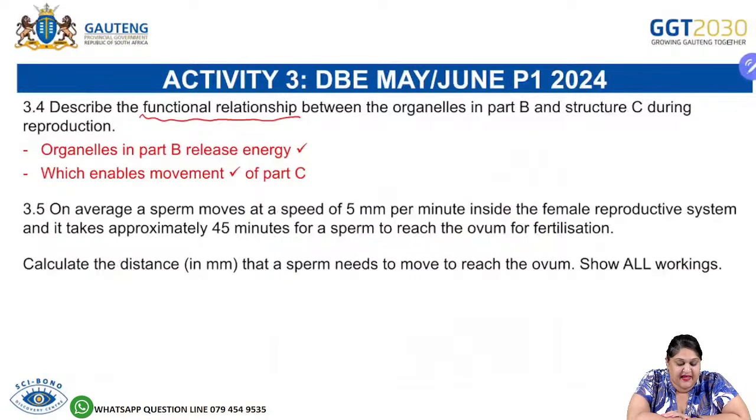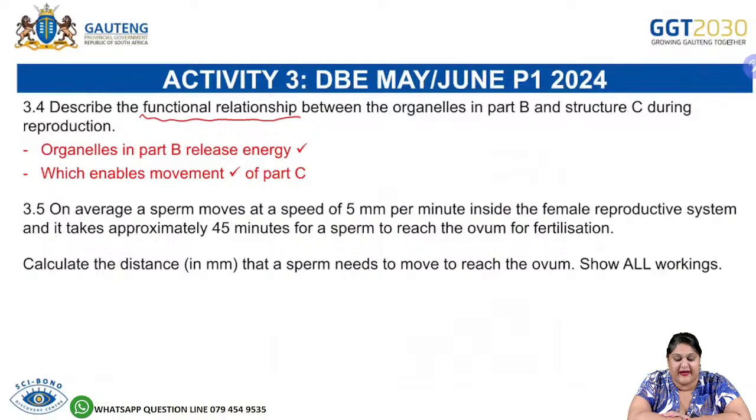Organelle B is going to release the energy, and that is going to enable the movement of part C. Simple. That is the relationship between the two. The one provides the energy for the other one to move. So part C cannot do without part B, because without part B, C will not be able to move.